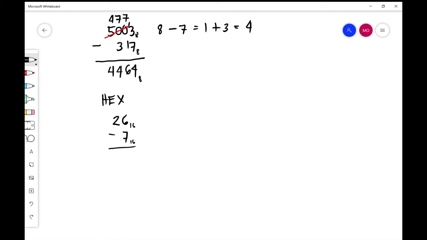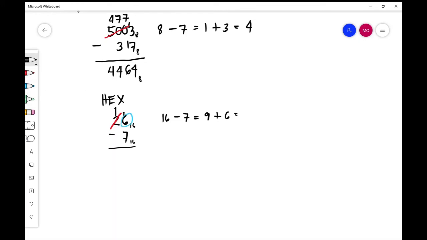Okay, so 6 minus 7 cannot be. Again, we borrow 1 from 2, that becomes 1. You have now 16. That is 16 base 16. Let's expand this. The 1 there is actually 16 minus 7. You get a 9. And that 9, we add 6, which we left here.